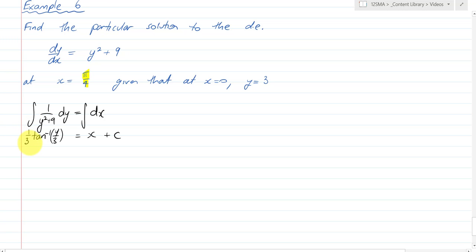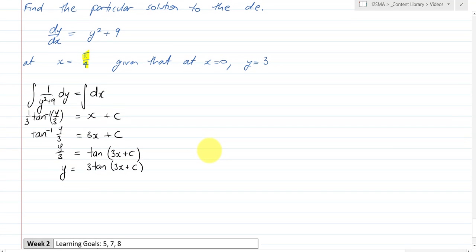And there's my derivative. Now, it might be more desirable to me, particularly since I'm given an x value, to find y in terms of x. And this doesn't take a lot of work. Tan inverse of y over 3 is equal to 3x plus 3 times c, which is still just some constant. And therefore, y over 3 is equal to tan of 3x plus some c value, and y is equal to 3 tan of 3x plus some c value, and we prefer dealing with tan than we do with tan inverse anyway.